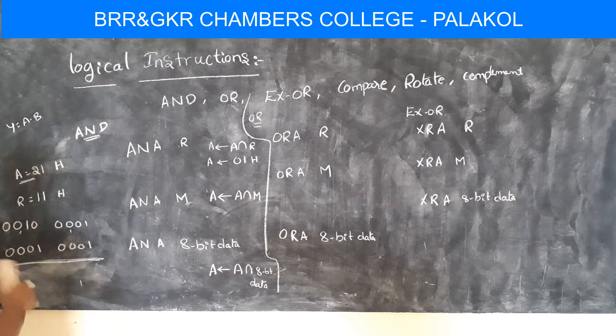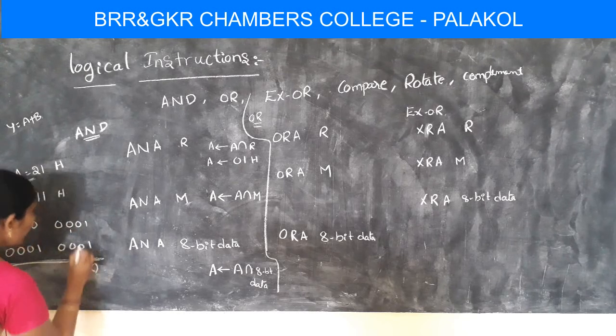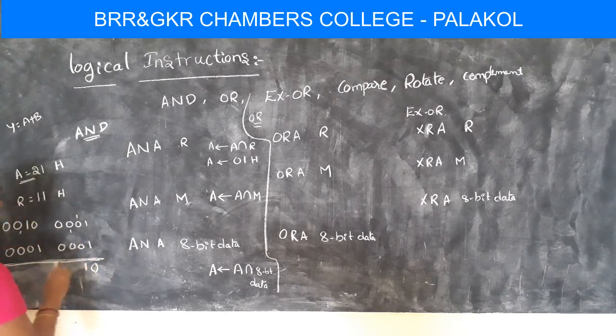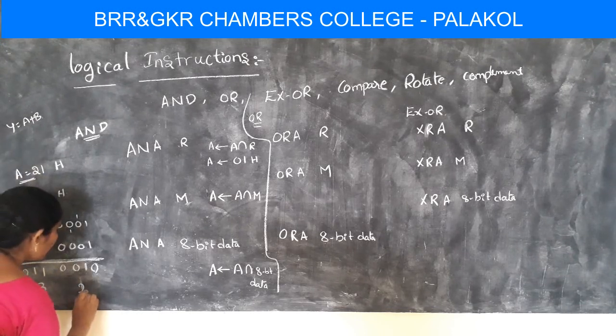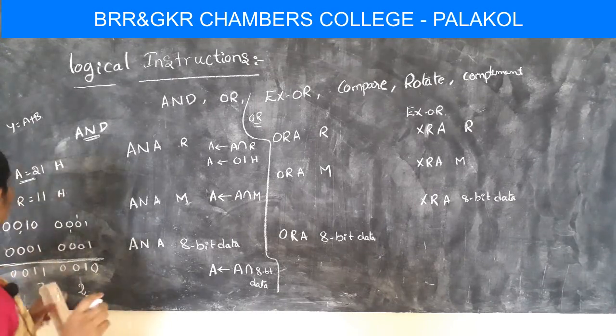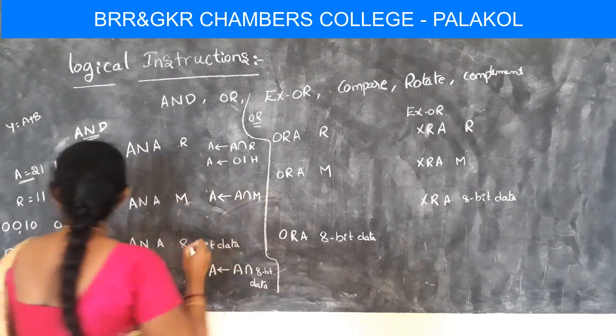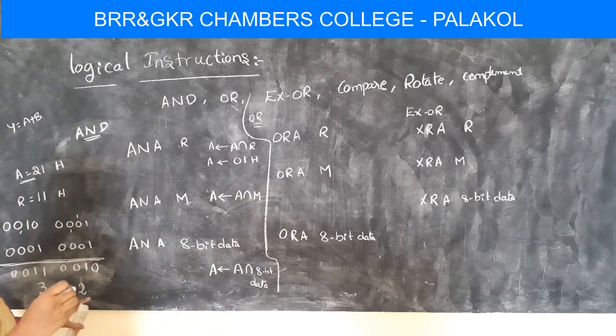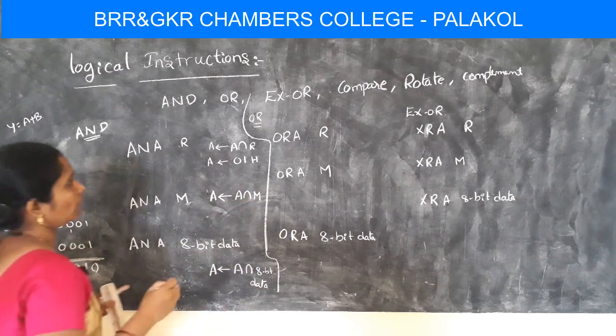Between these two we perform the addition operation. 0 plus 1 is 1, 1 plus 0 is 1, and 0 and 0. Therefore this number is 3 and this number is 2. The final result 32 is stored in the accumulator.